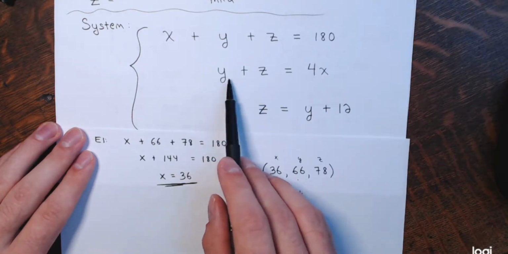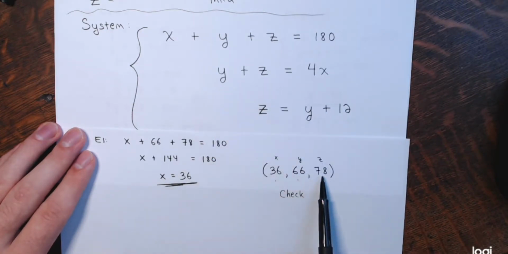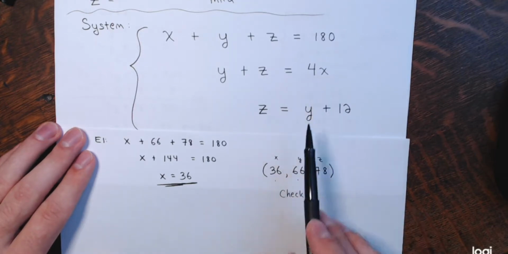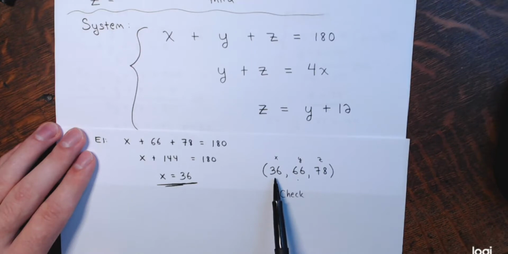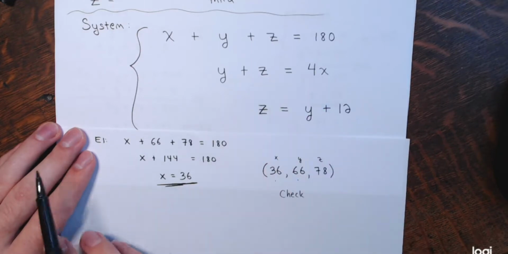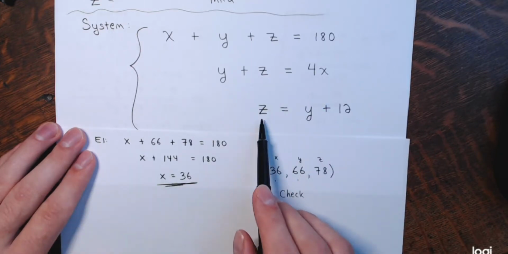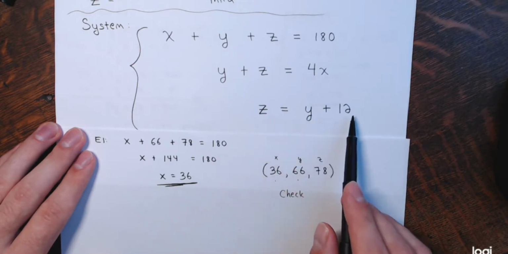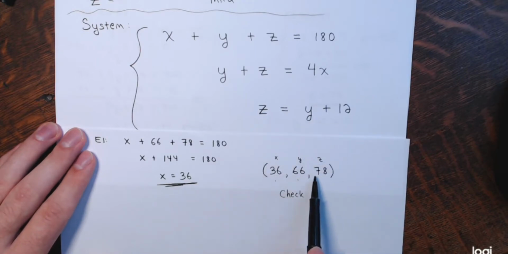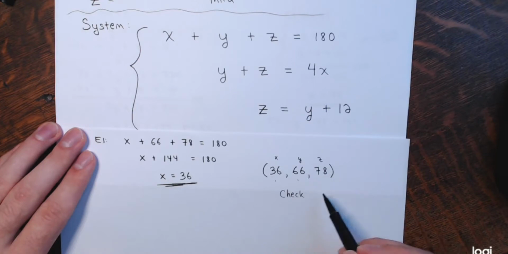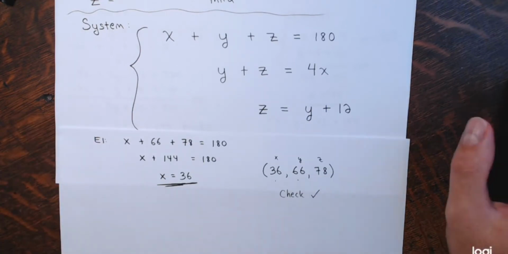The sum of the second and third angle is 144. That should be 4 times the first angle. Well, 4 times 36 is 144, so that second statement is true as well. Remember, the third angle was supposed to be 12 more than the second, and 78 is 12 more than 66. So check on that. This is a valid solution to this problem.